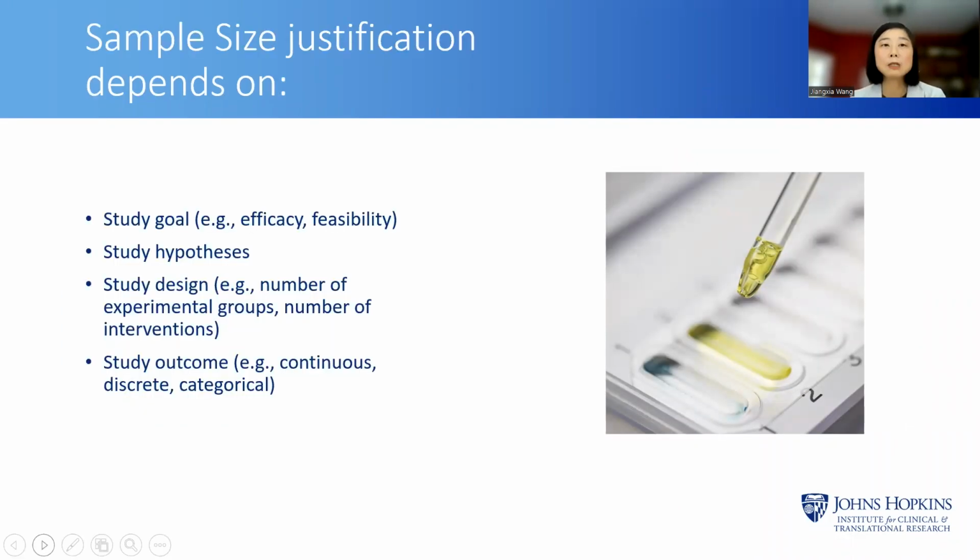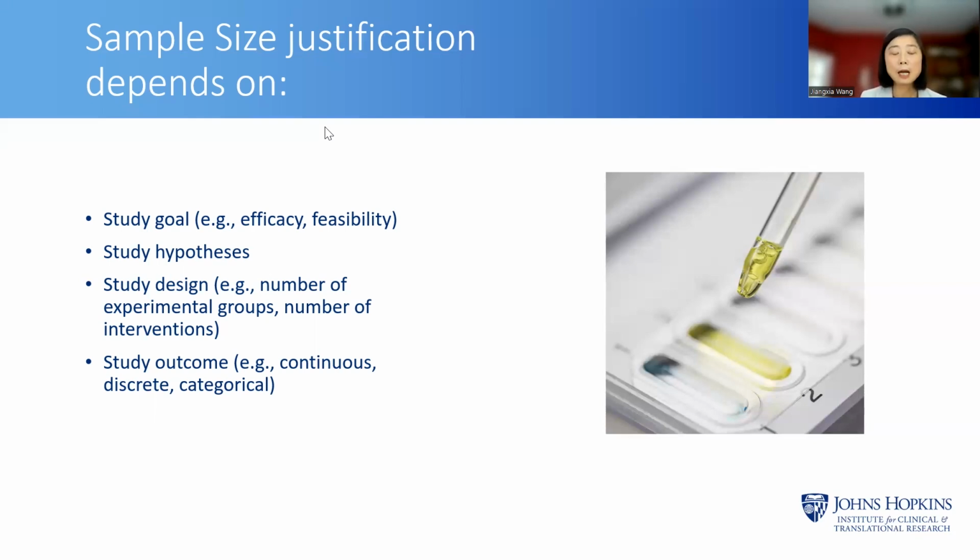So this leads us to the fact that sample size justification really depends on your study goal, whether it's a comparative study or a study for estimating a parameter, for example, like a disease prevalence. And also the study hypothesis is directly related to the hypothesis you will be using in the sample size calculation.